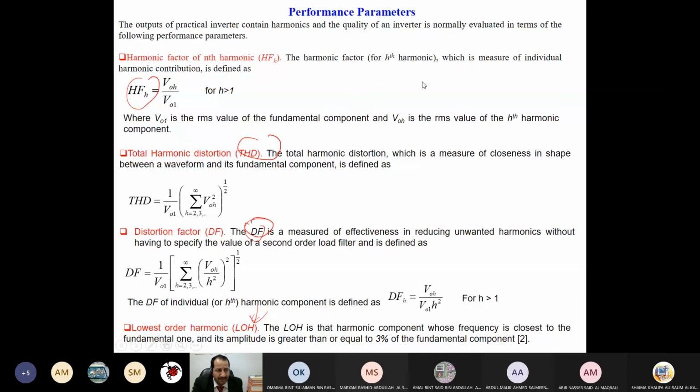If I have 1, 3, 5, 7, the fundamental is 1, and 3 is the lowest order harmonic. If I have 1, 5, 7, the lowest order will be 5. If I have 1, 7, 9, the lowest order will be 7. So which one is the closest to the fundamental, if the others are cancelled?